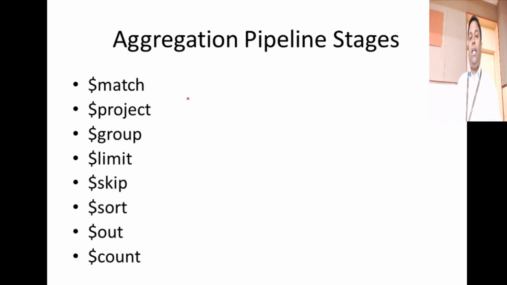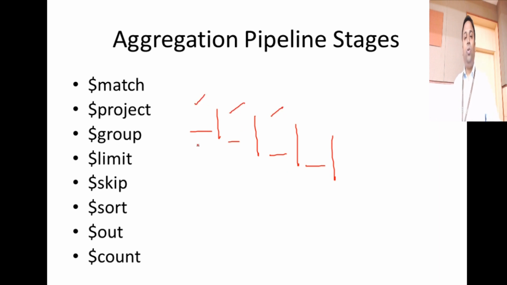So when I talk about the stages, every time we move the collection through a set of stages. So this is one stage, this is one stage, this is one stage. At each stage we perform a certain action. These are some of the stages in the aggregation pipeline.